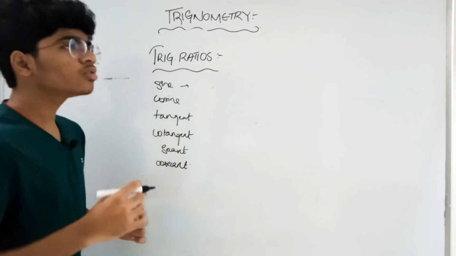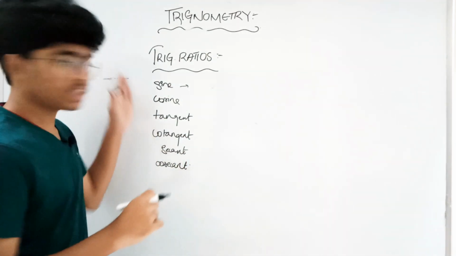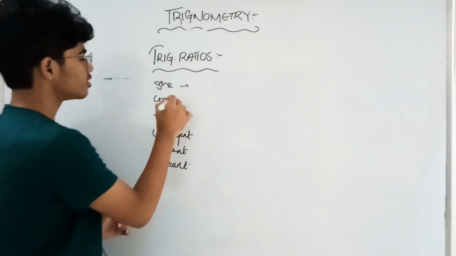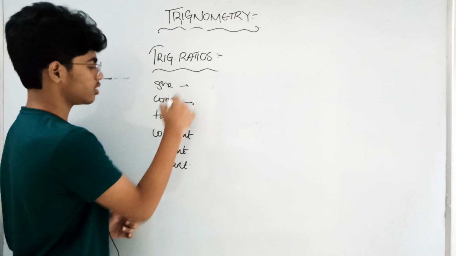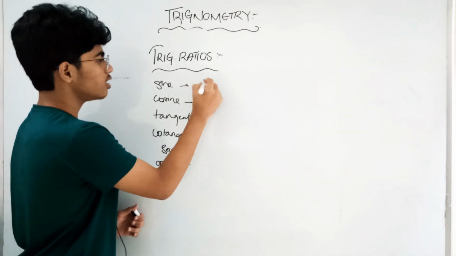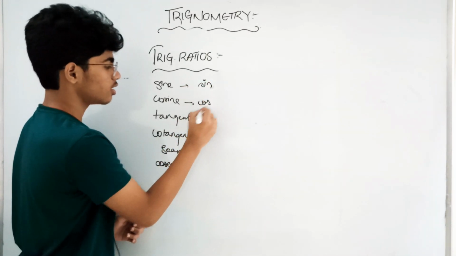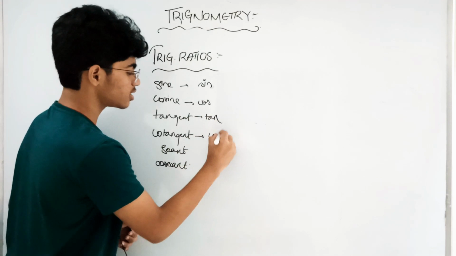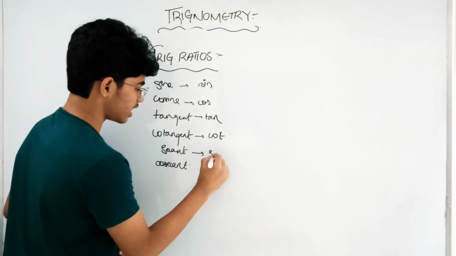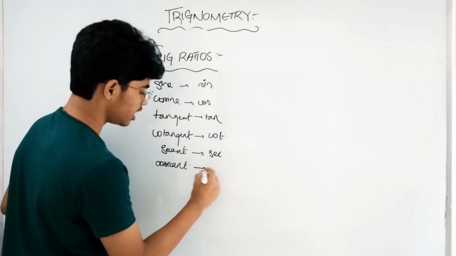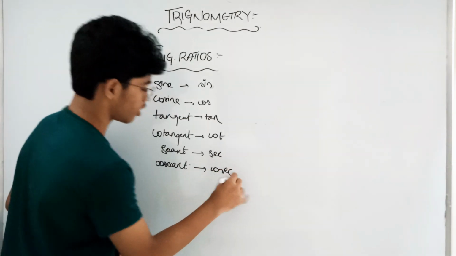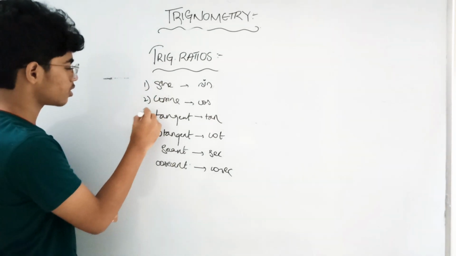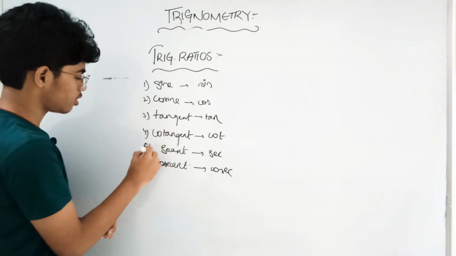You must have seen in your books that these full names are not provided, but only 3-letter words. The abbreviations are sin for sine, cos for cosine, tan, cot, sec for secant, and cosec for cosecant.